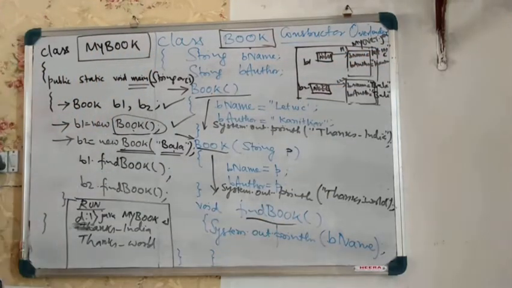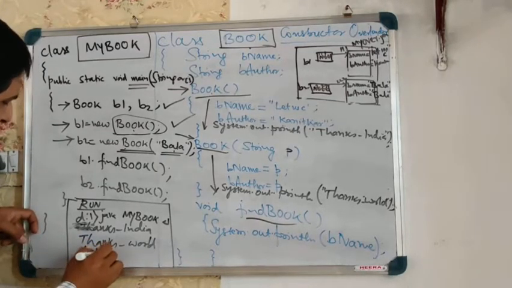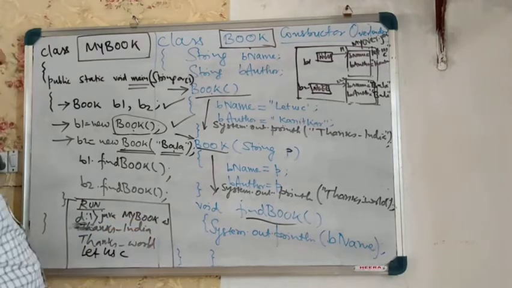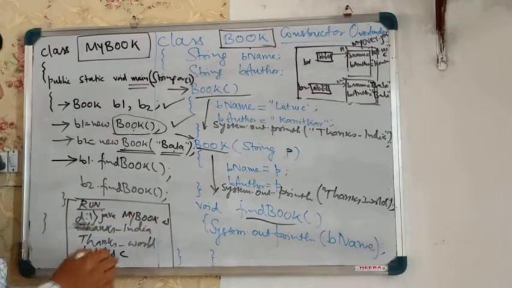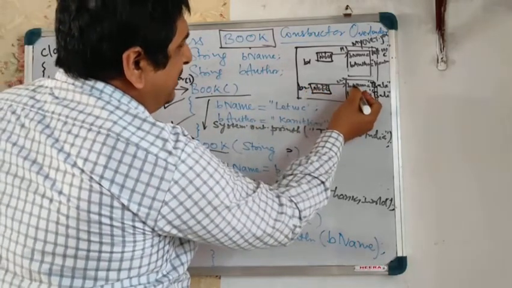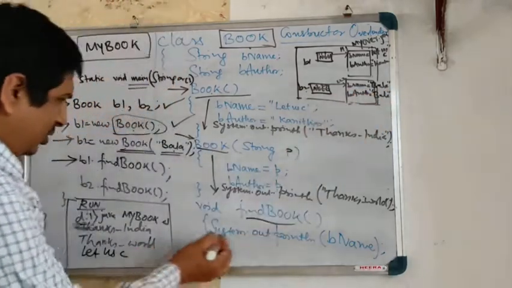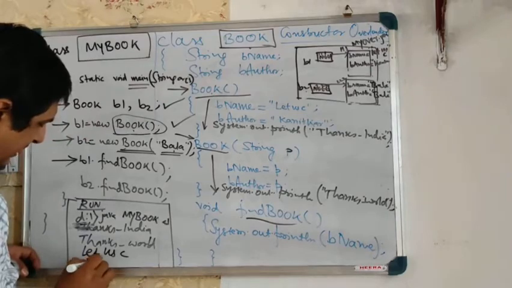So in the output we will get let us see. This will be completed and then B2.findBook goes and matches with B2, and B name is Bala. So System.out.println will give you Bala.